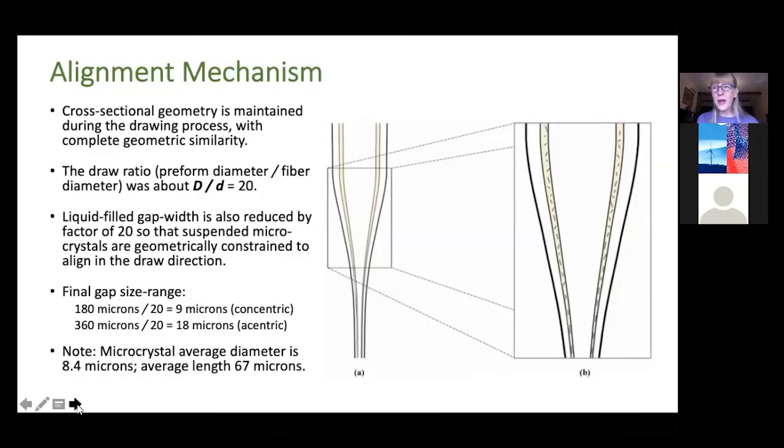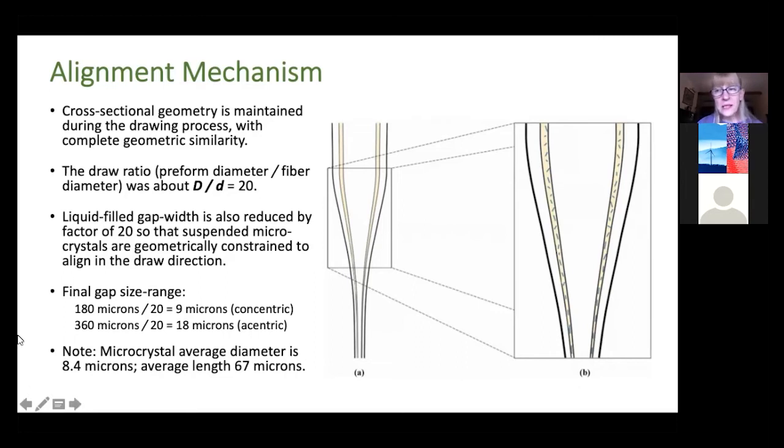All right, let's talk about the mechanism, and then I'll show you some results. So we remember that the cross-sectional geometry that I showed you in the slide with the preform is maintained during the draw process with complete geometric similarity.